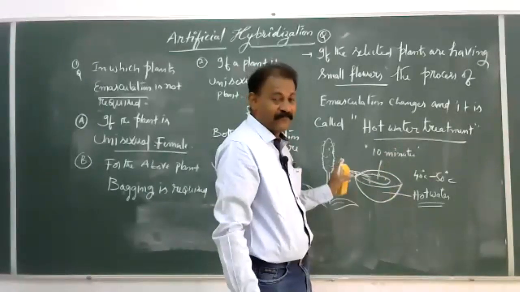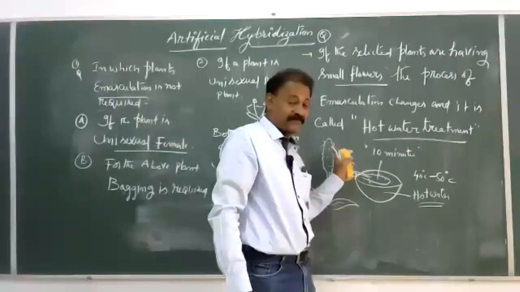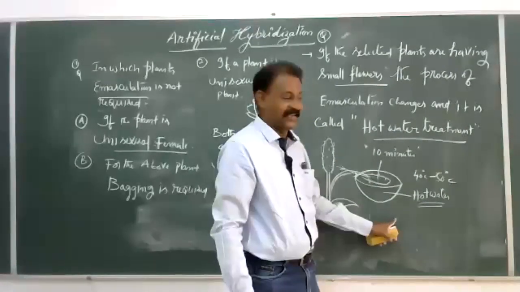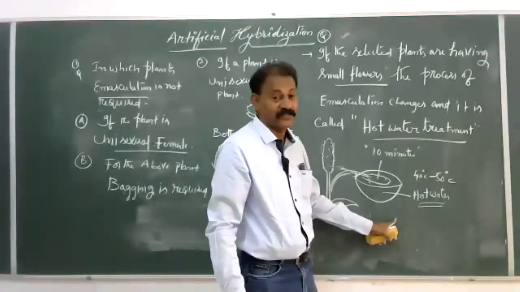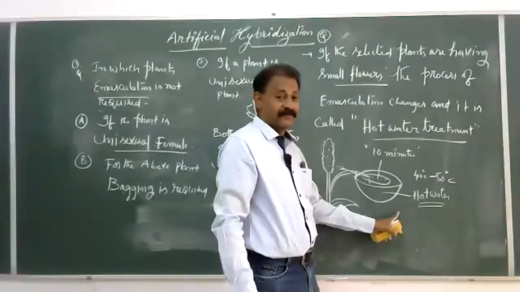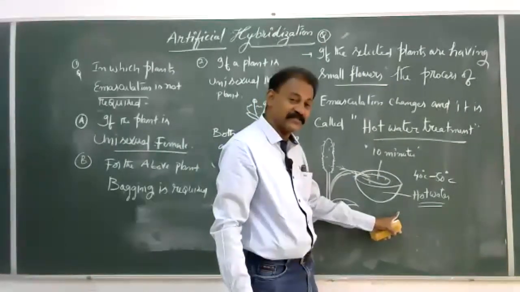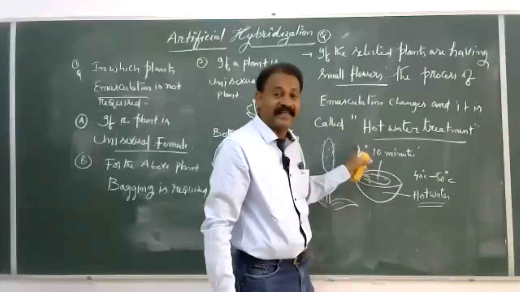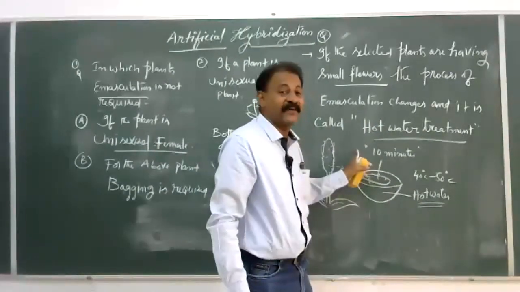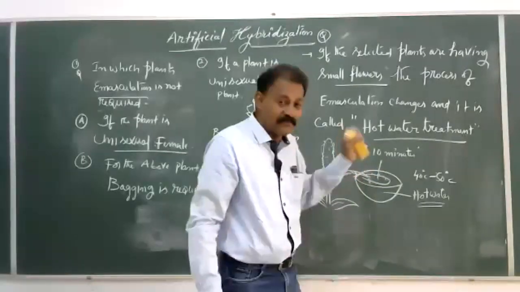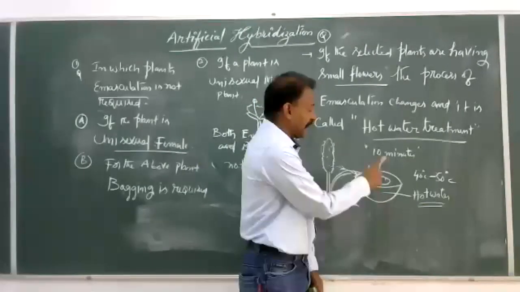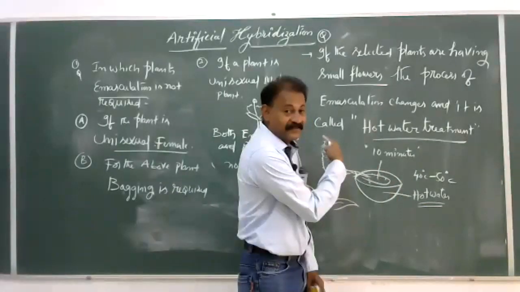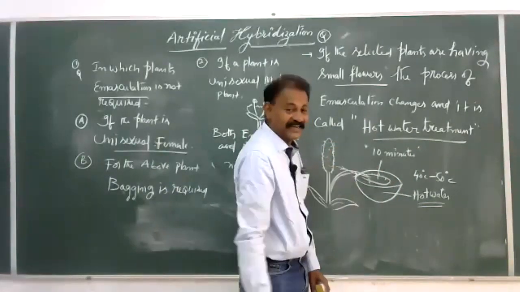So, why are androecium or pollen affected? Why are ovules not affected? These are thought-oriented, understanding-based questions. It is because androecium, even though it has an anther wall, this anther wall will be ruptured at the time of pollen maturity. So automatically hot water will affect the pollen grains directly.